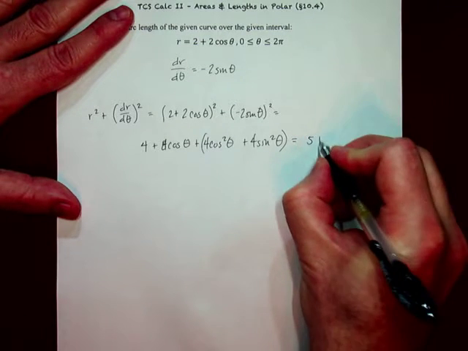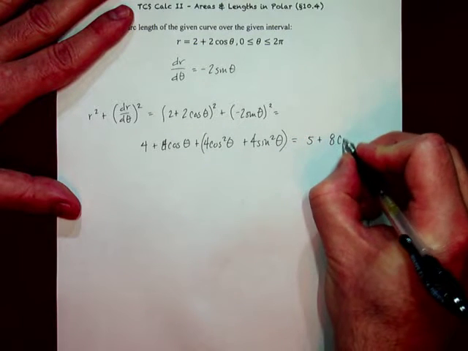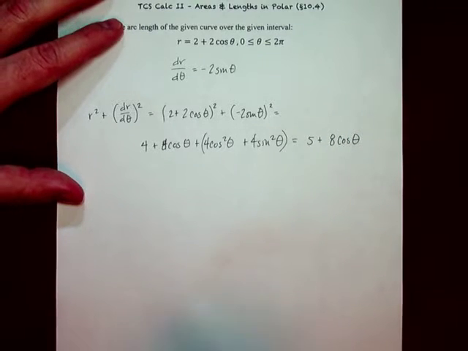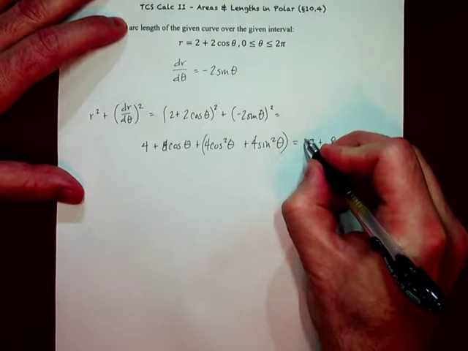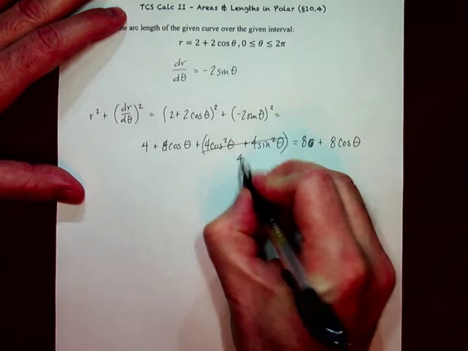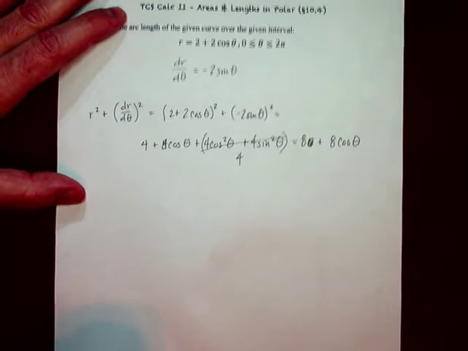So our radicand simplifies to, actually, it's not 5, that's supposed to be 8, because this winds up being 4. So 4 plus 4 plus 8 cosine theta.